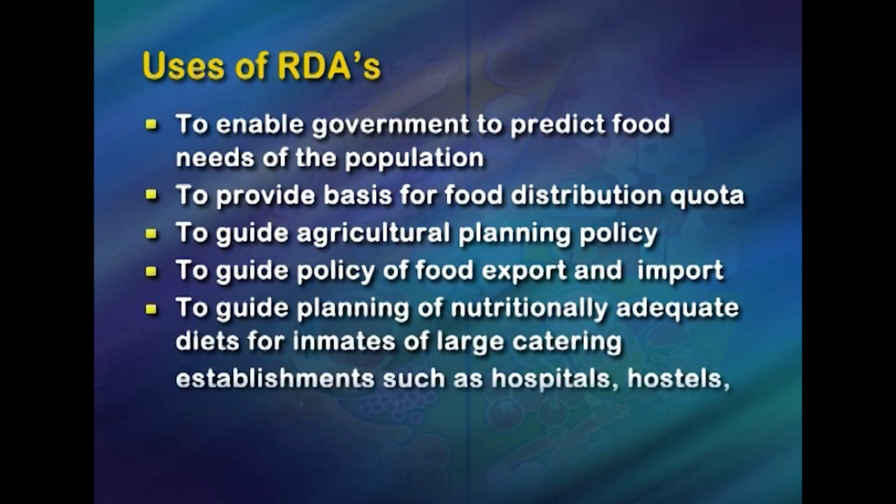It also plays an important role as a guide in planning nutritionally adequate diets for inmates of large catering establishments such as hospitals, hostels, army canteens, etc. There are some limitations in RDAs.